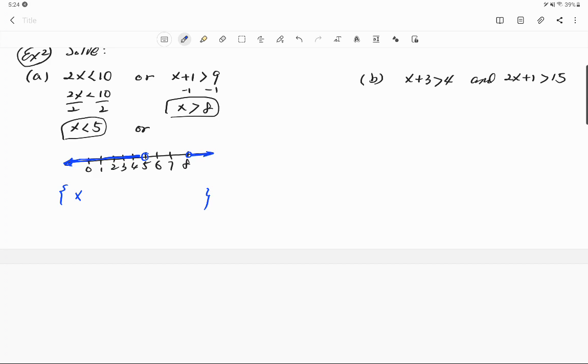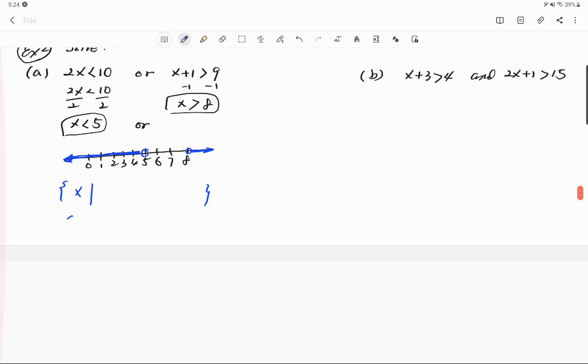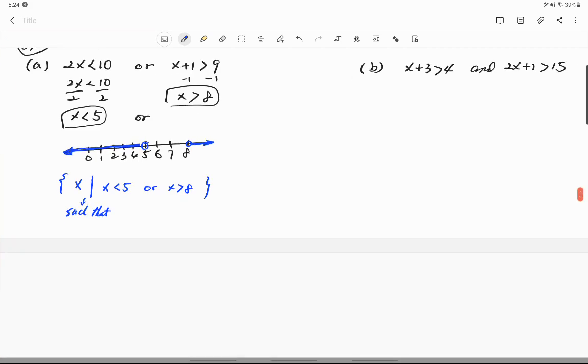The solution of these inequalities is all the values of x such that, and we draw a bar, which means "such that," and explain the value of x. x is less than 5, or x is greater than 8. Write down those inequalities on the right side of this vertical bar. That is the set notation. We call this one set such that.